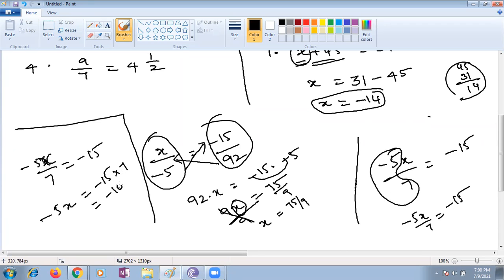So minus 5x is equal to minus 105. So x is equal to minus 105 by minus 5. It is nothing but positive 21.